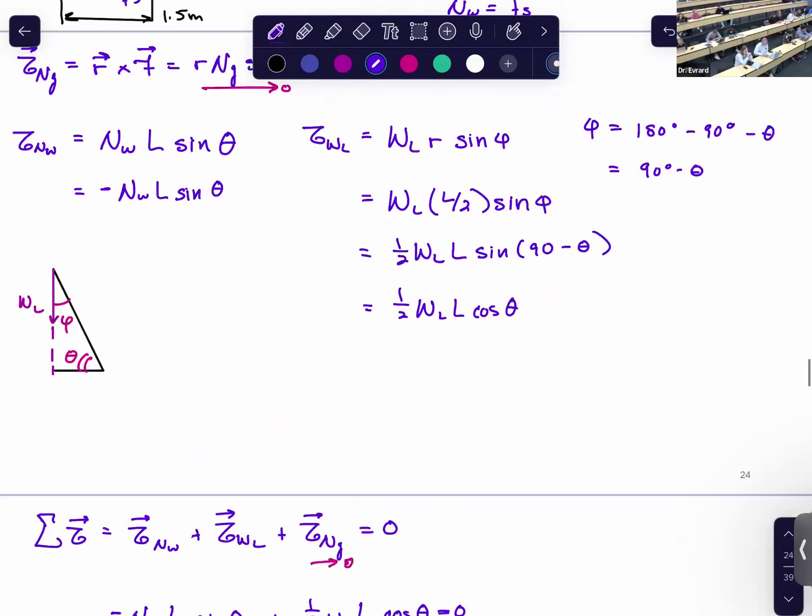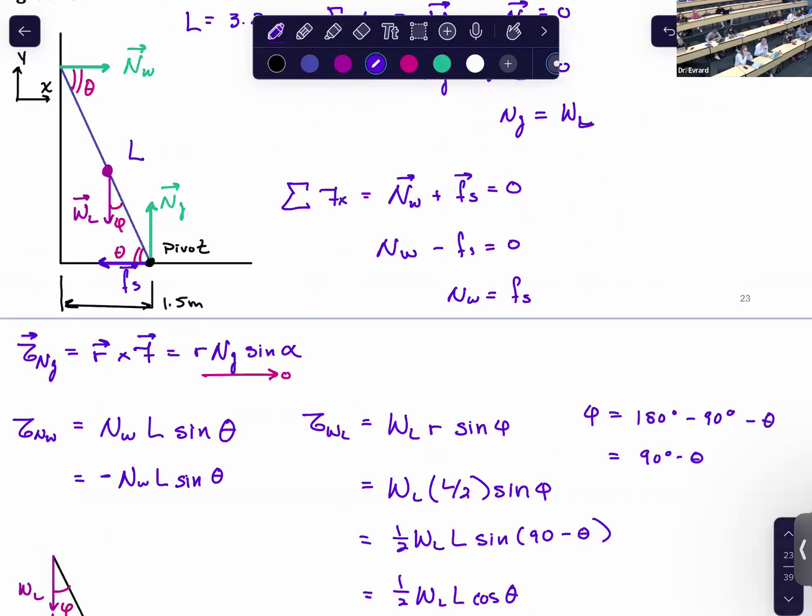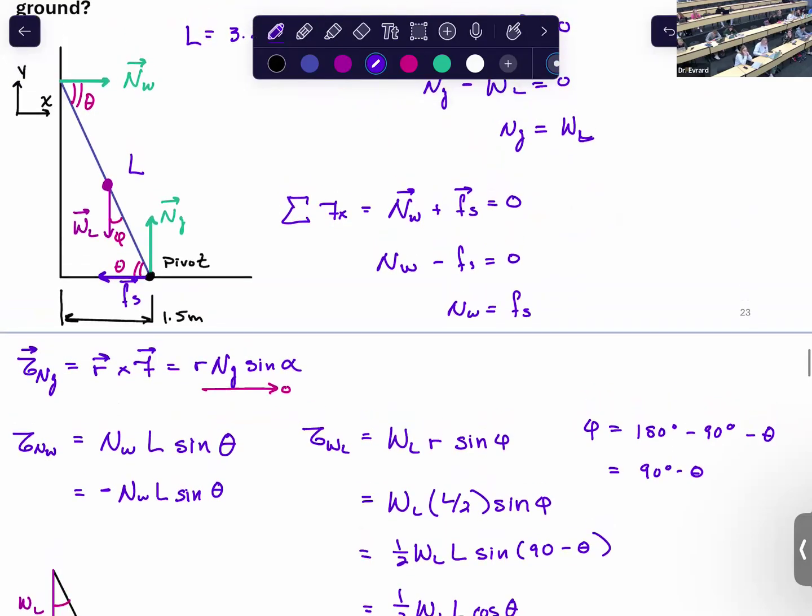How would we find theta? Let's go back up to our original triangle. So we're gonna find theta how? Let's use a triangle: the length and the distance from the wall. Right, so your x value over the length.